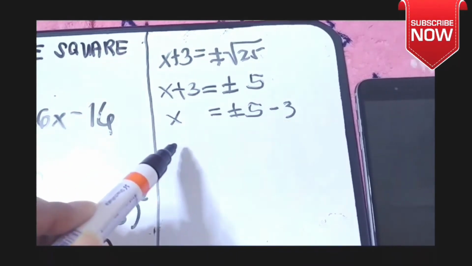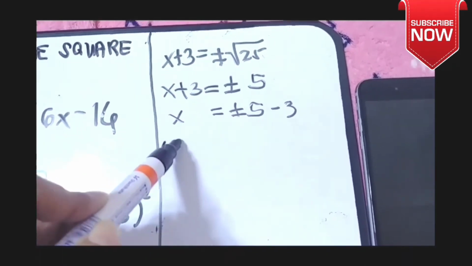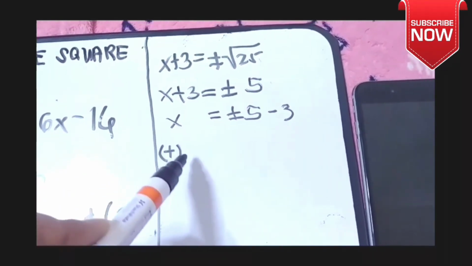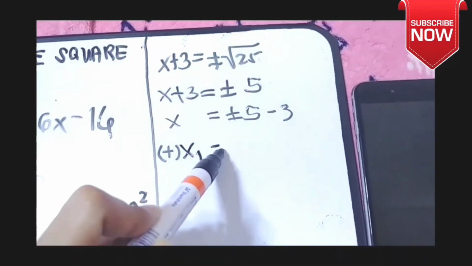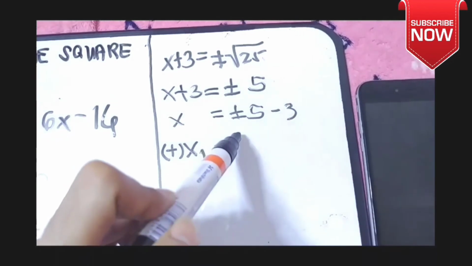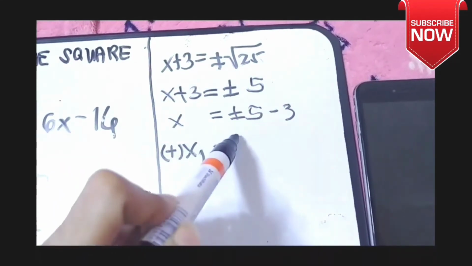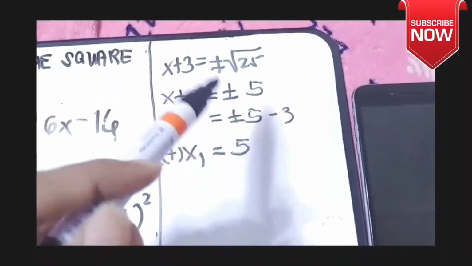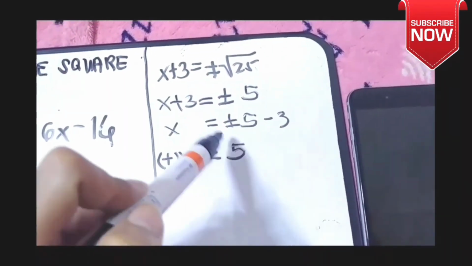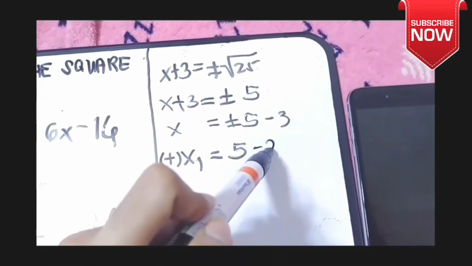So, we will consider first the positive, and we will name the first value of x as x1. Now, x1 equals, since we considered positive, so that is positive 5, pero hindi na natin isusulat yung positive dahil understood na yung 5. Then 5 minus 3, negative 3 rather.